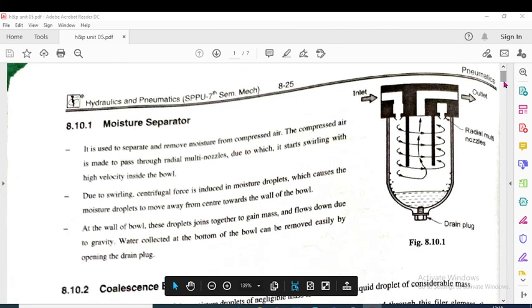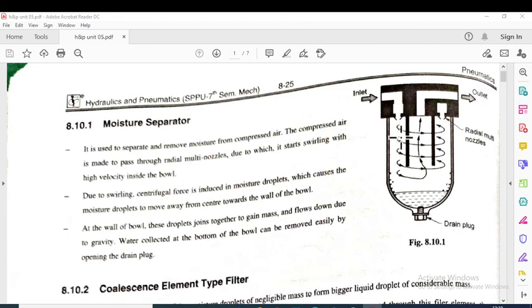Then what is this moisture separator? It has two ports, an inlet port and an outlet port. From the inlet port air comes inside, and from the outlet port air moves outside. When this air comes in from the inlet, it passes through radial nozzles.